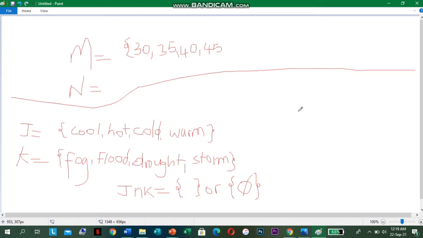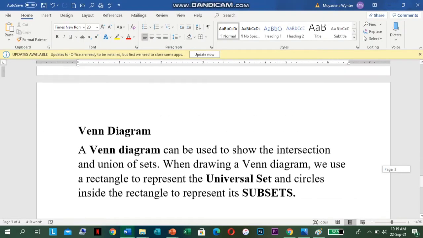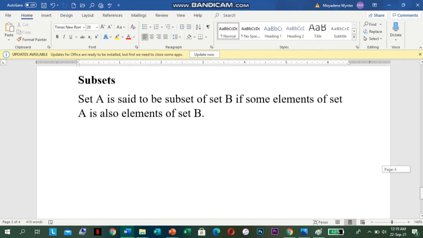So we want to look at subsets next. Before we get to Venn diagrams, we're going to look at subsets. All right, subsets. Now, we say that, am I still recording? Yes. So subsets.